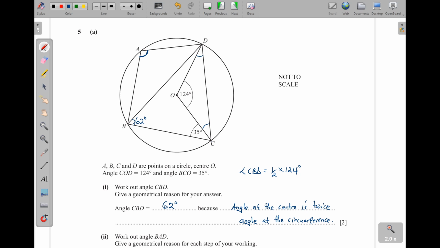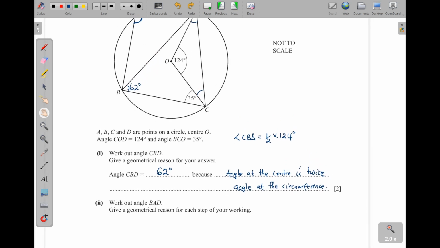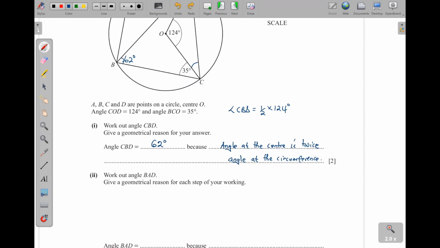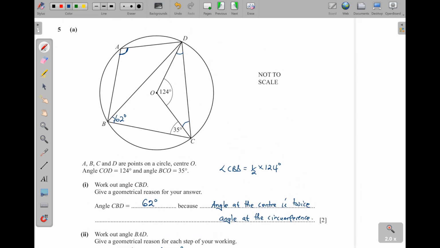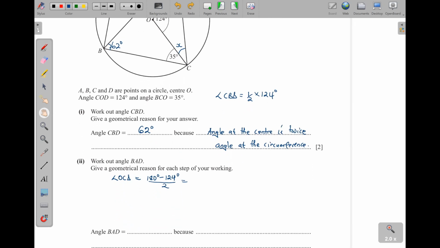Now, let us first find this small angle here, and then this one here. They are the same because this is an isosceles triangle. This is OD, which is the radius, and also OC here, which is the radius. So we are going to say that angle OCD is going to be equal to 180 minus 124, then I'll divide by 2 because these two angles are the same. Okay, x plus x then plus 124 equate to 180. So to get x, it will be that 124 subtracted from 180, then we divide by 2.